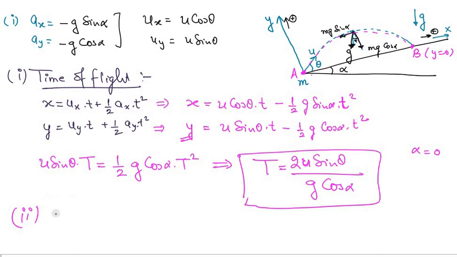The second parameter is your range, and the third parameter is your maximum height. In this type of motion, you know ax, ay, ux, uy, and I have derived the time of flight. In the same way as in the last case, you can find the range and maximum height. I am not going to do it here. That's your homework, your task.